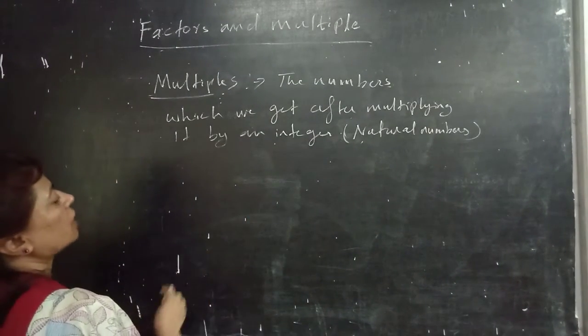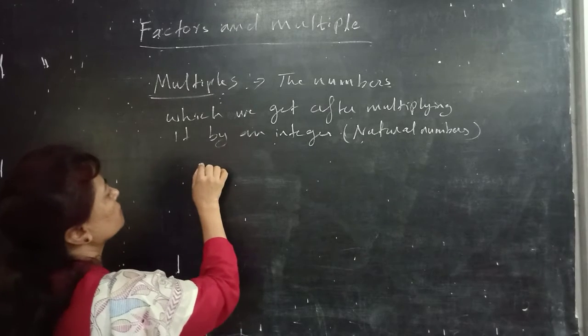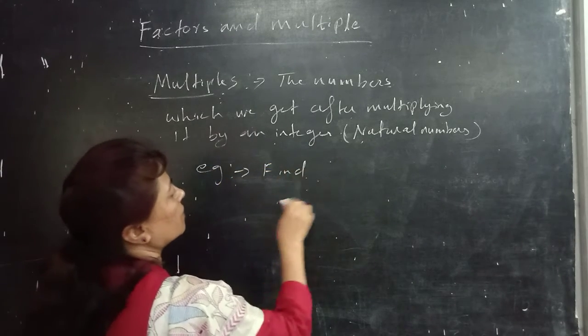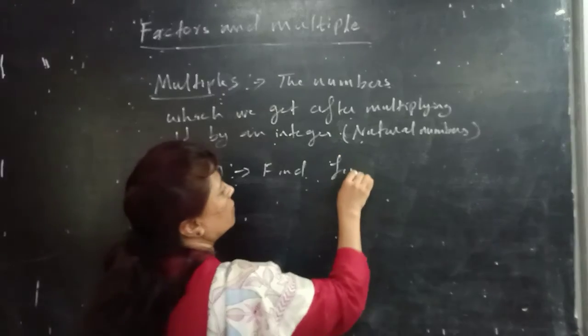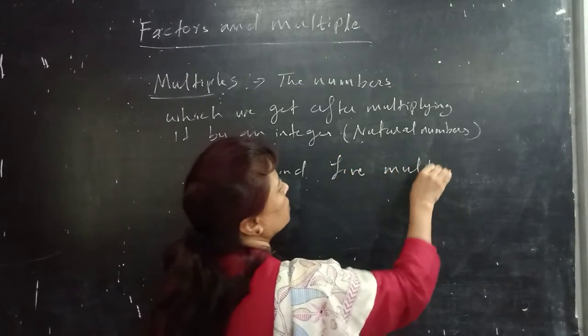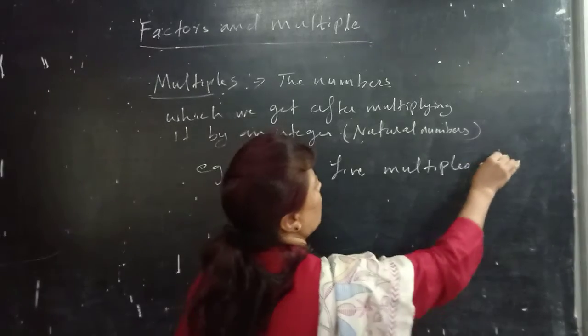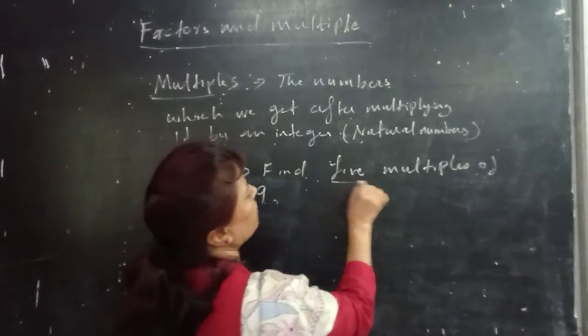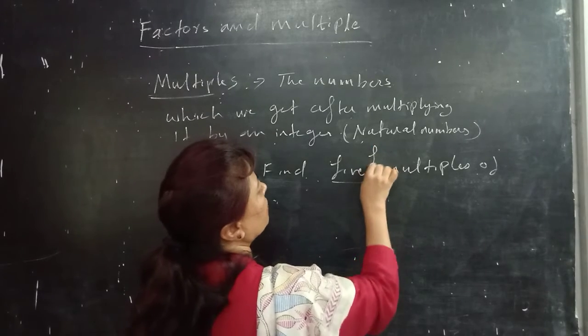Let us take one more example. Suppose we have to find 5 multiples of 9. And 5 multiples means we are taking the first 5 multiples.